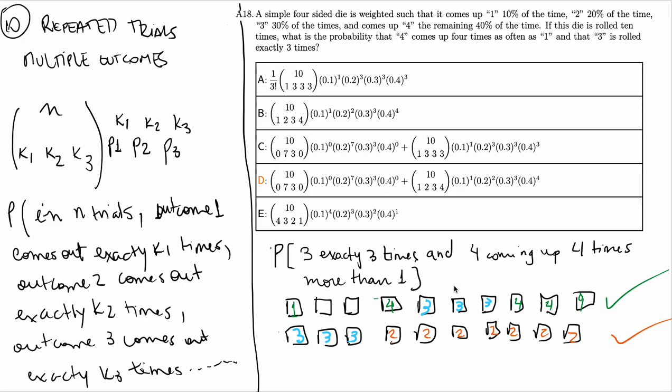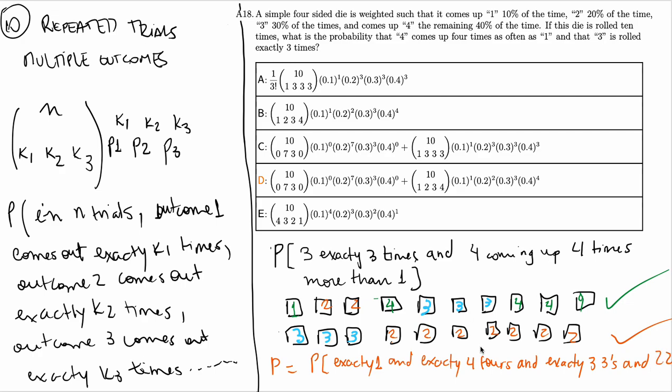What I want, this probability, is actually the probability of having exactly 1 one, I don't care the order, and exactly 4 4s, and exactly 3 3s, and exactly 2 2s.